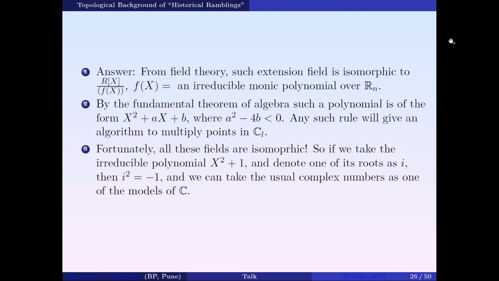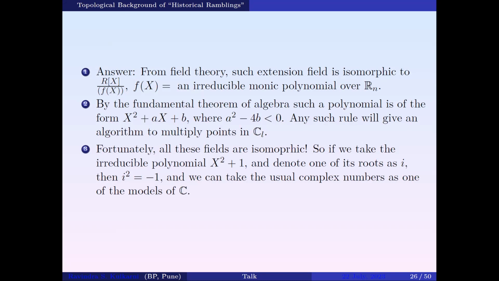Now, I want you to muse on how many ways you can make this complex line an extension field of the real numbers. From field theory, you know that any such extension field is of the type: the ring of polynomials in one variable with coefficients in real numbers, divided by an irreducible monic polynomial over real numbers. Now, you have to use the deeper fact, the fundamental theorem of algebra. Such a polynomial is of the form x square plus ax plus b, where a square minus 4b is less than 0.